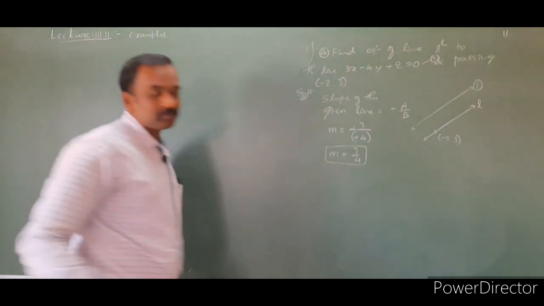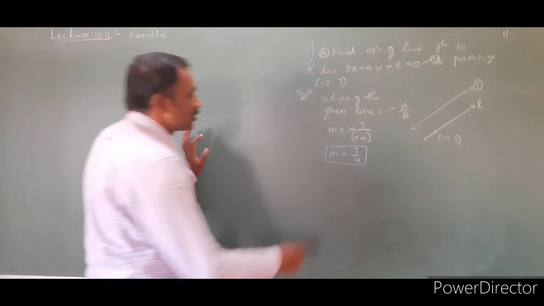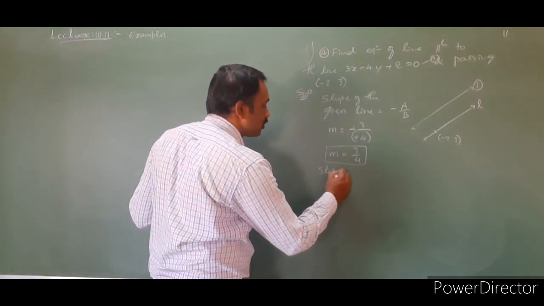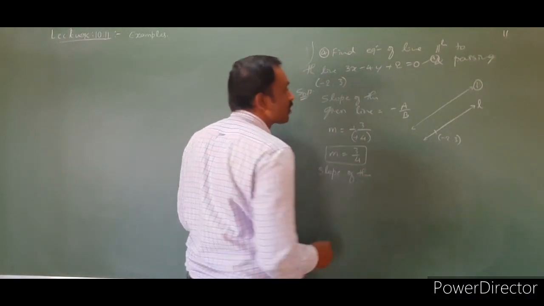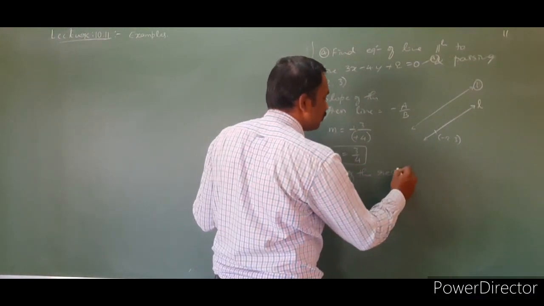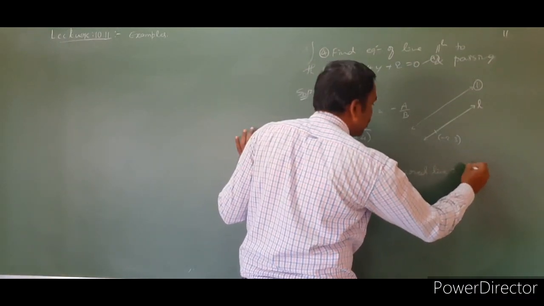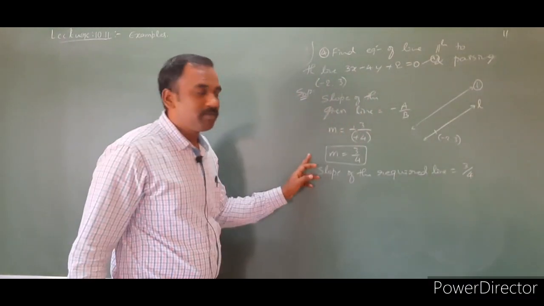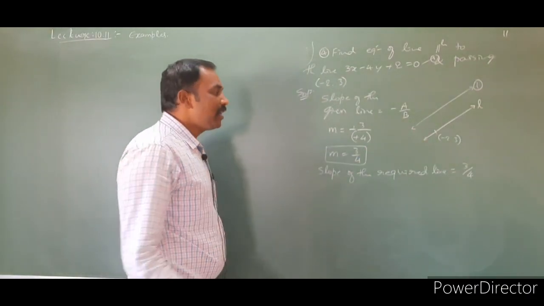Therefore, what is the slope of the required line? The slope of the required line is also 3 by 4. Why? Because the given line is parallel to the required line.